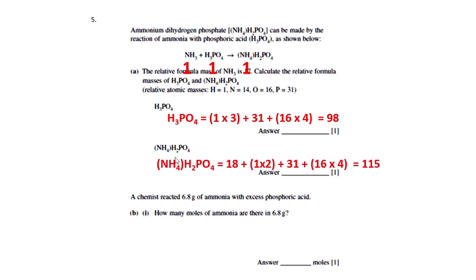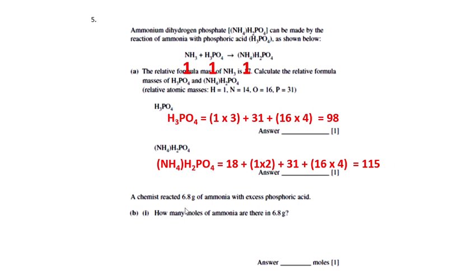And then 1 mole of this is going to be, well, inside the bracket, NH4, 14 plus 1 times 4. So 14 and 4 would be 18. So that 18 is what's inside the brackets. 2 times 1, 2 hydrogens, phosphorus, 31, and then 4 oxygen, 16 times 4, so 115.